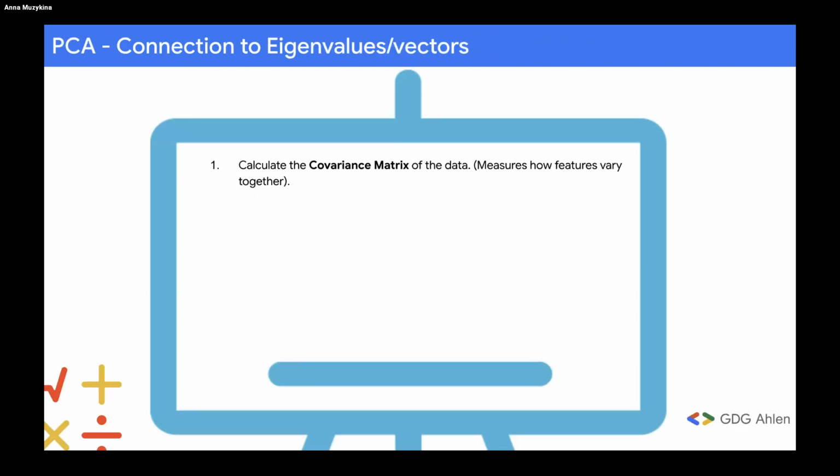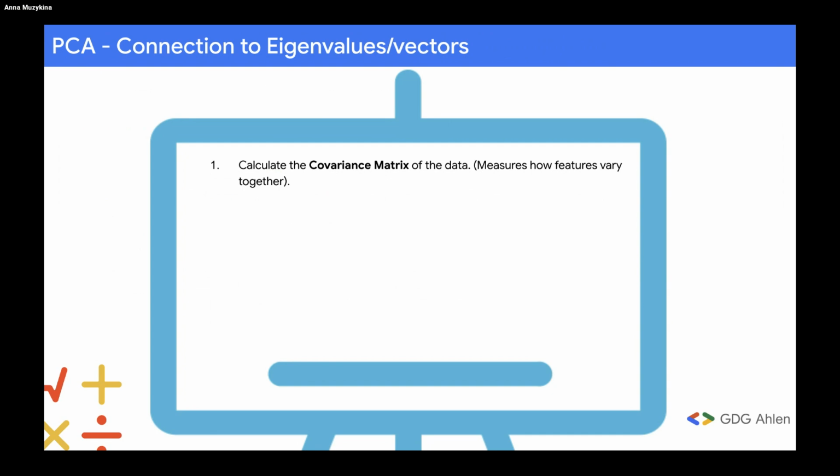So, how does PCA actually work? And where do our eigenvalues and eigenvectors fit in? The process generally involves these steps. First, you typically standardize your data. Then you calculate the covariance matrix of your data.